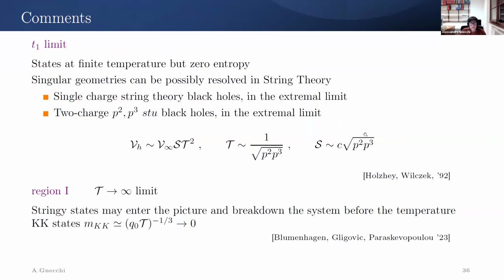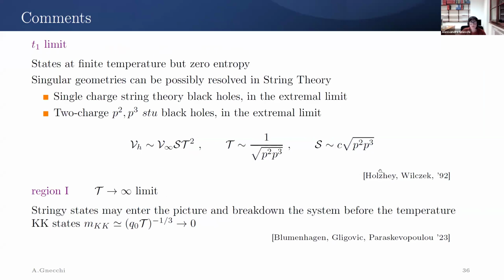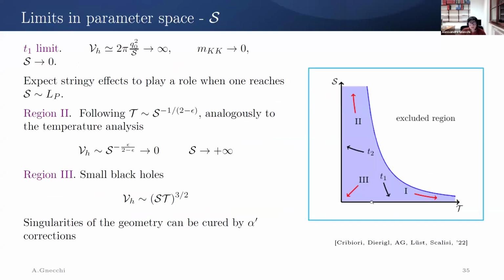And there is an interesting fact that happens when we are in the extremal limit on this line, because there's zero entropy but finite temperature. These states had been studied already by Hosny and Wilczek in '92, and they seem to be maybe related to string states, but there are interesting things happening also at very high temperature, that may be some stringy black hole transition. So these seem to be some interesting limits that could be analyzed.